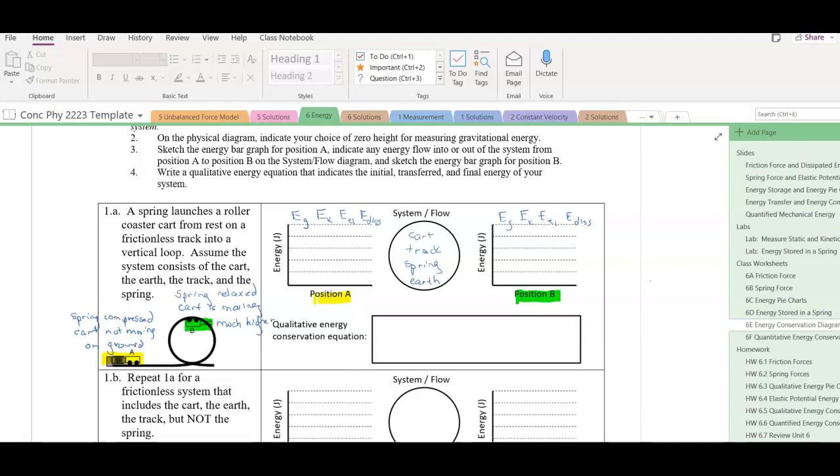Okay, so as I look at this system at position A, I can just go through the list of ways that energy could be stored. There is no EG because the cart is on the ground. It has no height. There is no kinetic energy because the cart is not moving. There is elastic potential energy because the spring is compressed, and that's a reversible deformation, right?